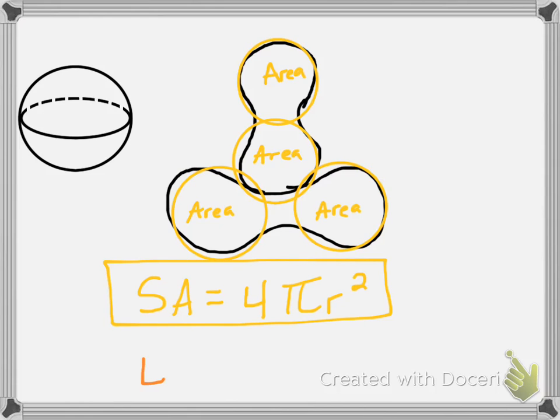This is the formula for the surface area of a sphere. This one's probably the easiest one for surface area as well. You just do 4 times pi times radius squared. That gives you surface area.